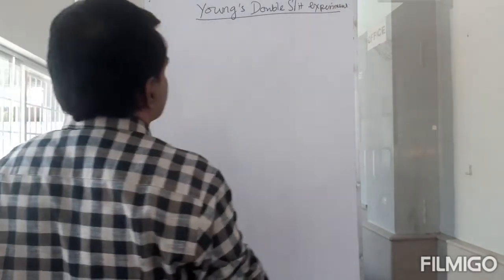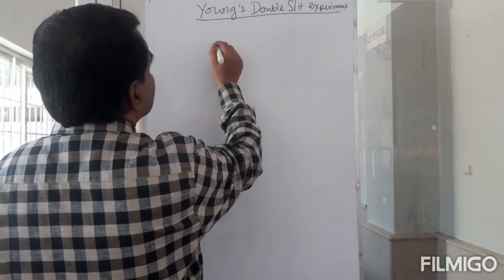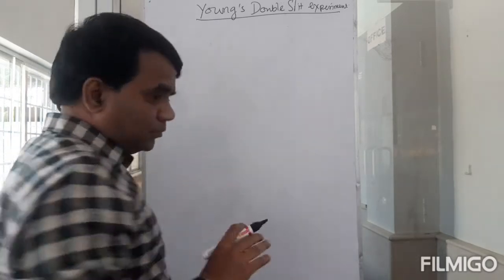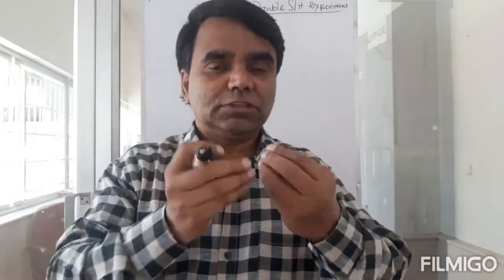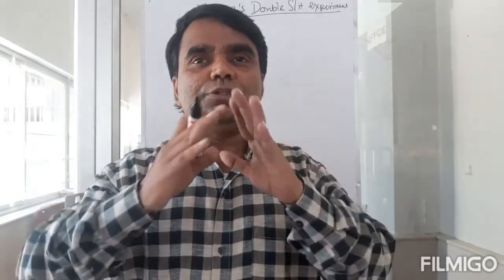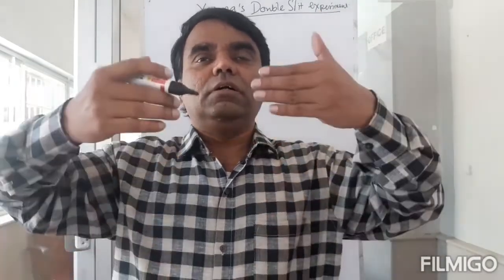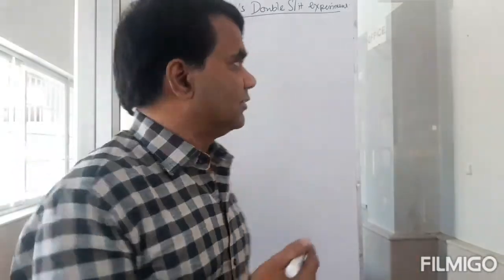Okay, so it's like this. You have a point source, or rather, you have a very small source, and then at a reasonable distance, you're going to have a sheet of paper or something, and you're going to make two slits on that sheet like this.